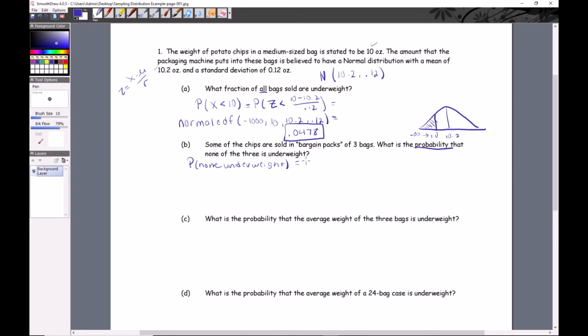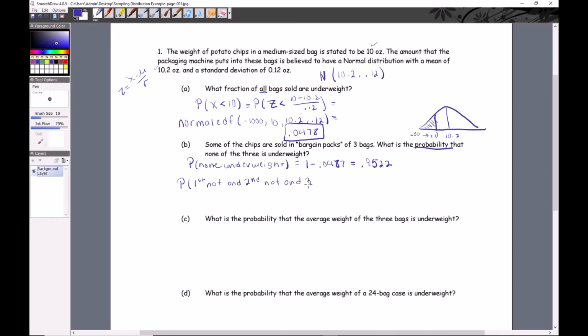So that should be 1 minus 0.0478 for any individual bag not being underweight, so that's 0.9522. The probability that none of the 3 is underweight is the probability that the first is not, and the second is not, and the third is not, and the "and" means multiply.